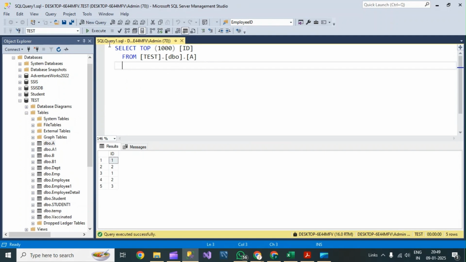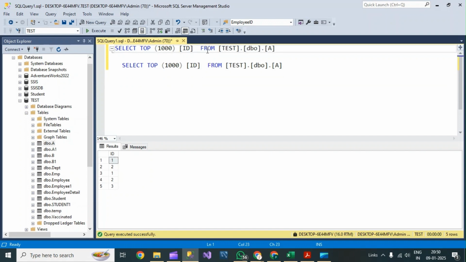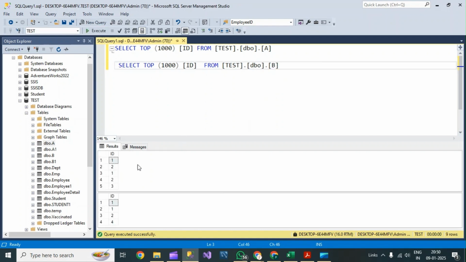Okay, so this is one table. So these are the two tables, A table and the B table.